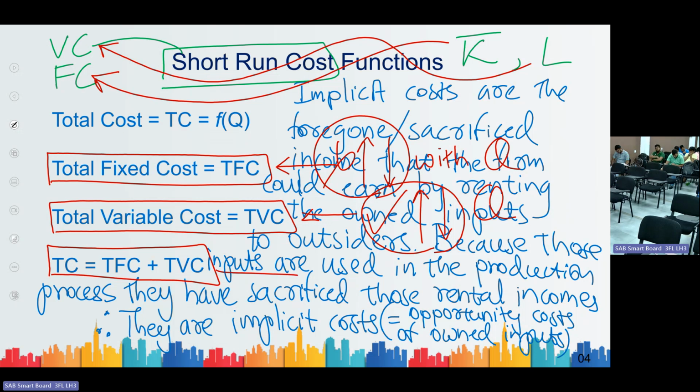So TC, yes, it changes with output. Total cost changes with output because total variable cost is a part of TC. Since TVC is changing with output, TC is also changing with output.